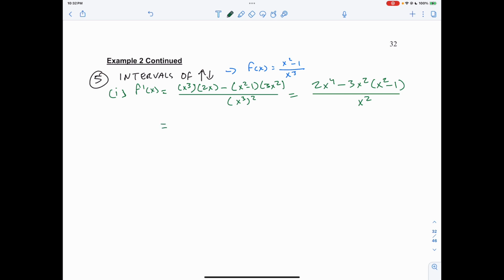I'm going to factor. I'm going to pull out an x squared. And I get 2x squared minus 3 times x squared minus 1 all over x to the 6. Where I can take out 2x's from here and 2x's from here.